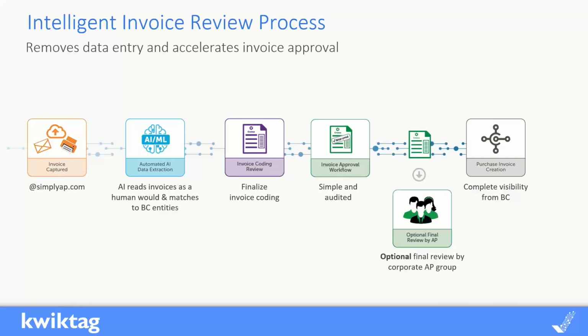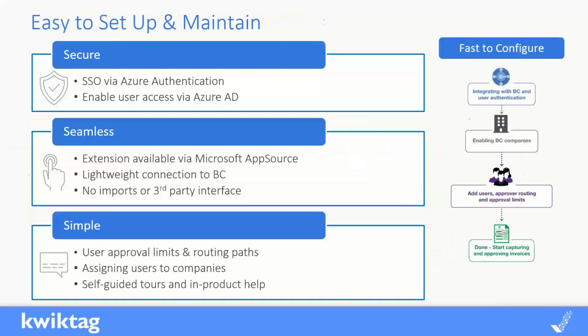The AI reads the invoice and matches it to the appropriate Business Central entity if that needs to be done. You finalize or review the coding, and then if workflow is required for approval, the process takes over from there. And then again, upon final approval, we'll have that purchase invoice automatically created inside of Business Central. So those are the 2 different workflows that are part of the process.